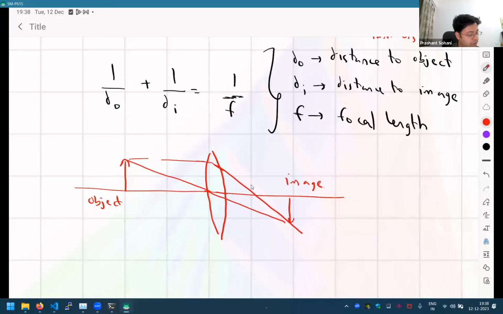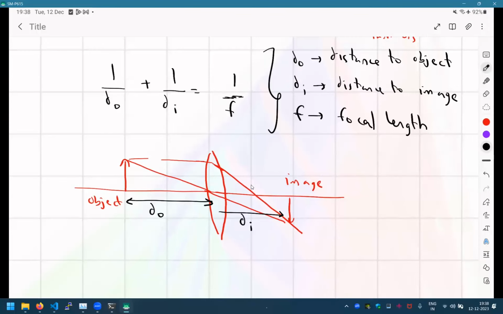In this diagram, DO is the distance from the lens to the object, and DI is the distance from the lens to the image. The focal length I'm not showing in this diagram, but it will be there.